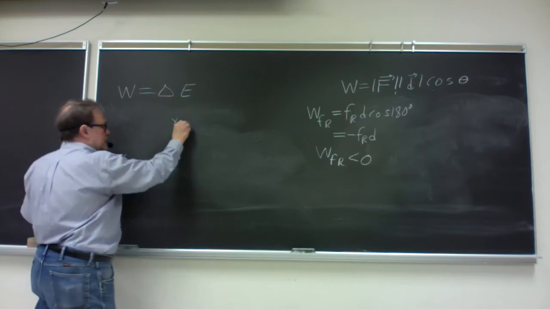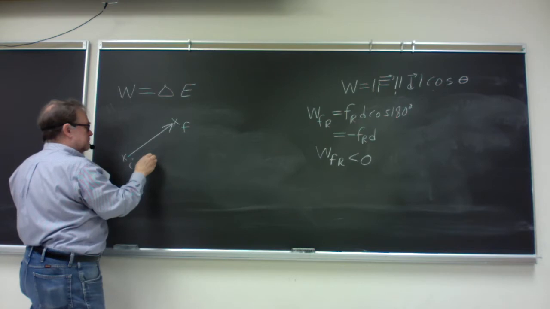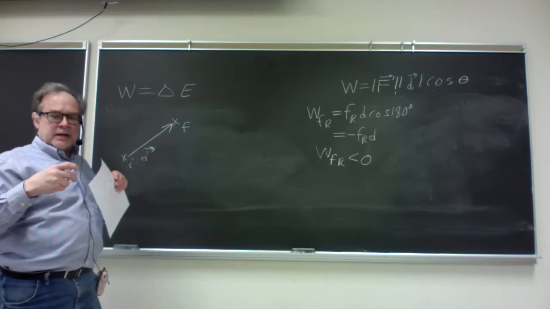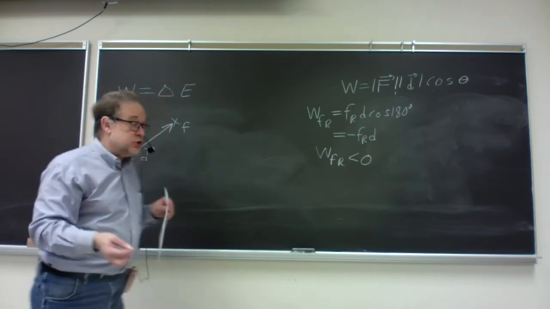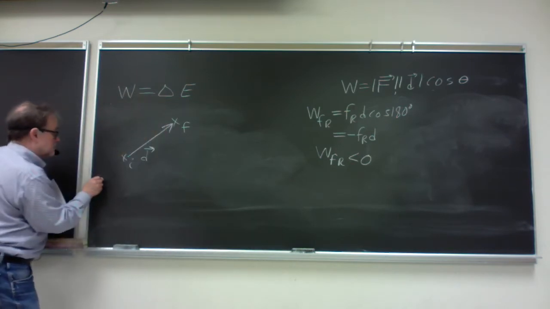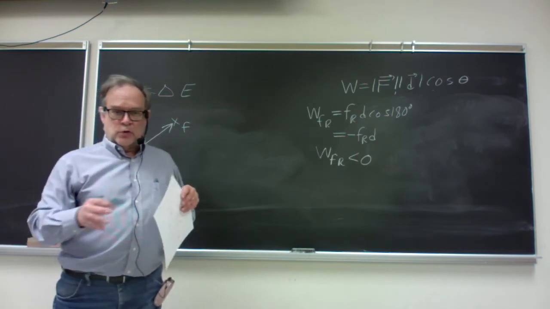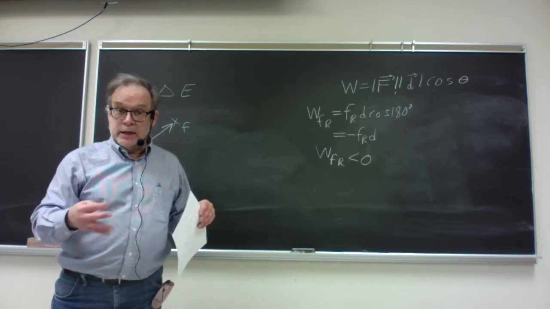Here's where the thing ends its motion, so the displacement vector points that way. And let's say that it feels a constant force in the same direction. And not just any force, let's say that the net force is pointing in that same direction.